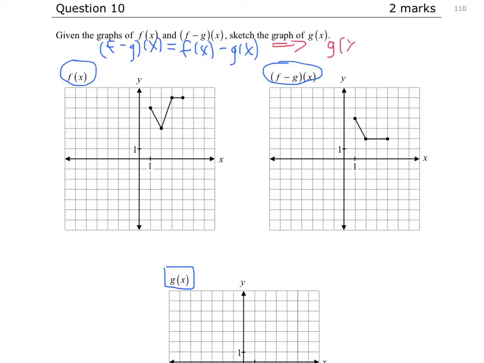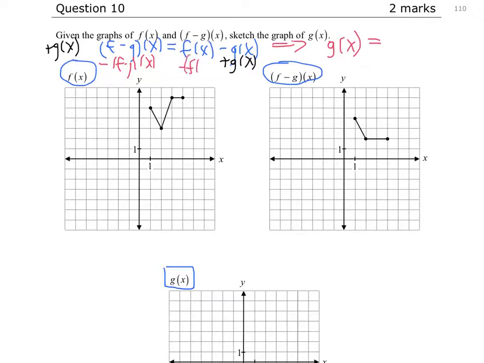And I'd add g of x over here, for example. And then I would subtract f minus g of x from both sides.